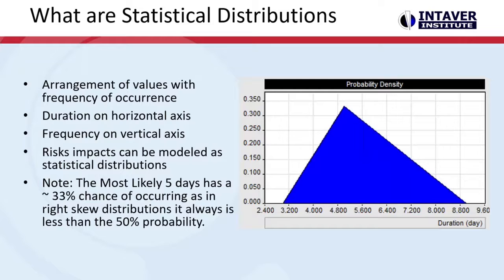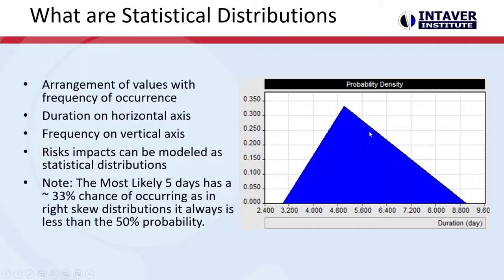One of the important things we can also note, and this is really something important in schedule analysis, is that the most likely is to the left of the mean. Most of the probability we can see here is to the right of the most likely.